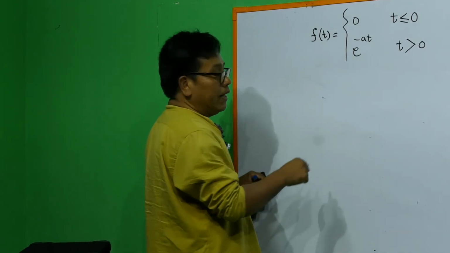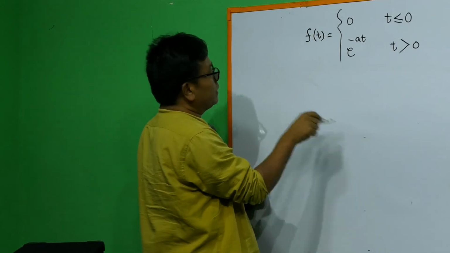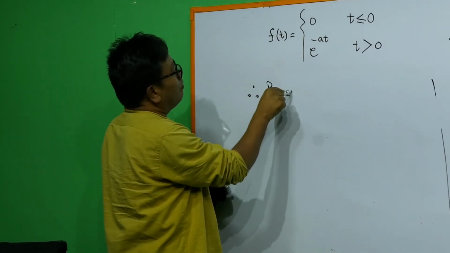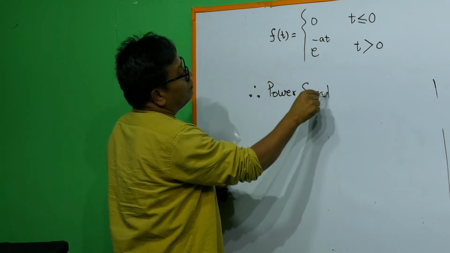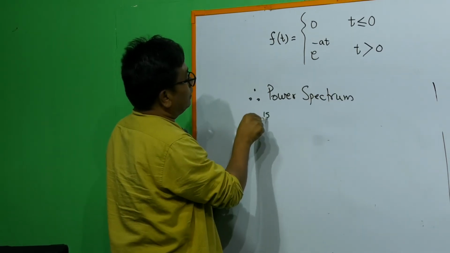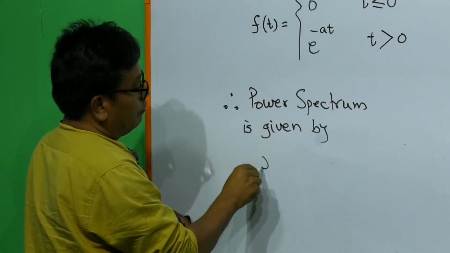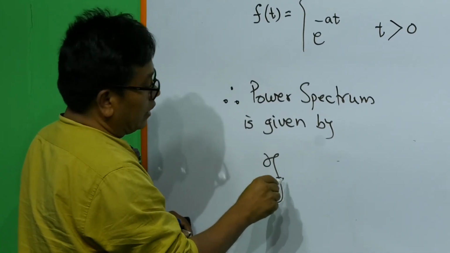The power spectrum for this result is given by the square of the Fourier transform.